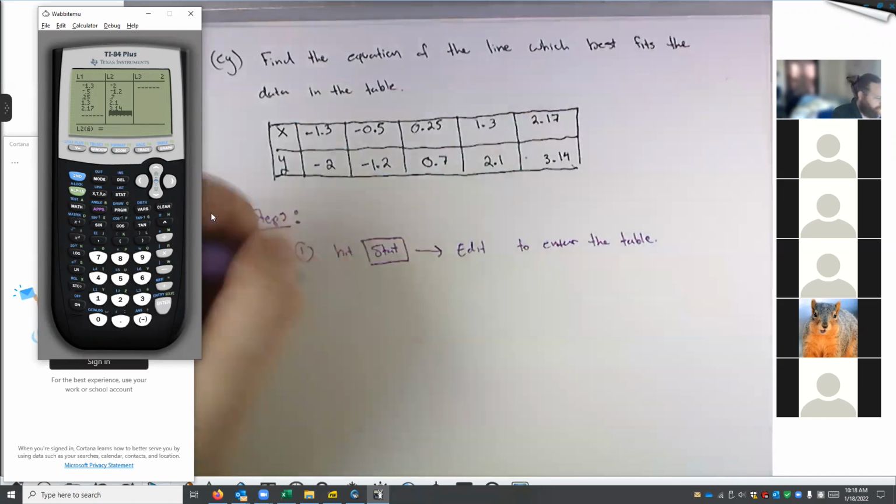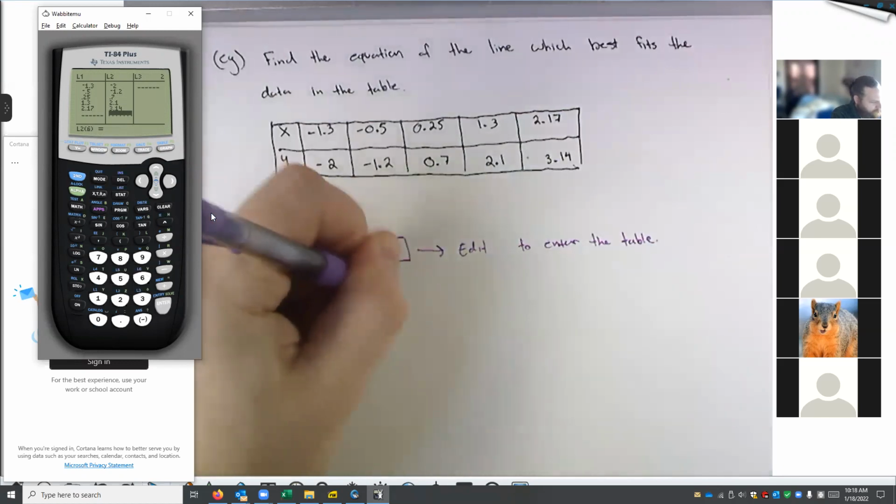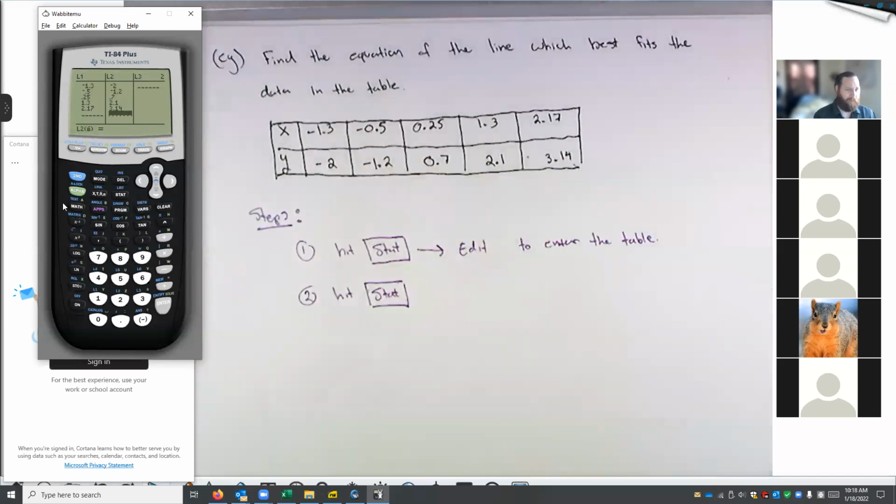your next step, again, you're going to hit stat. And then you're going to scroll right to calc.